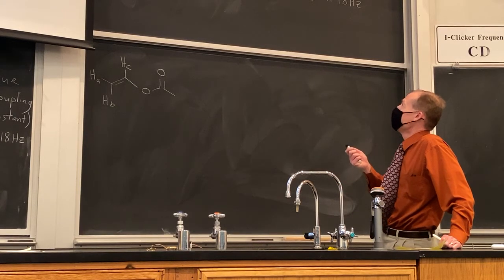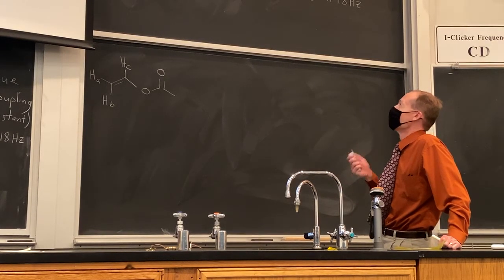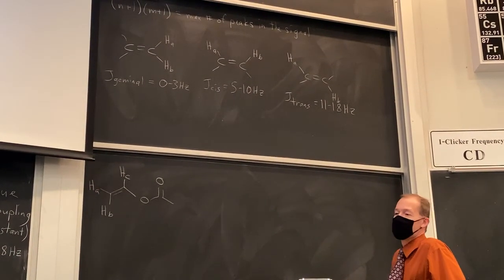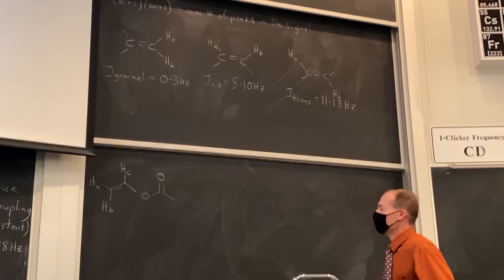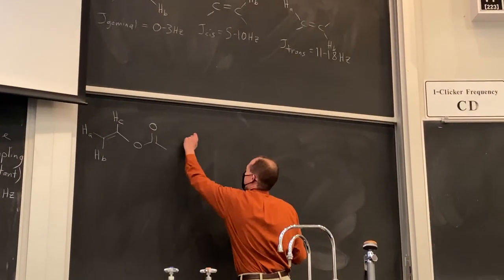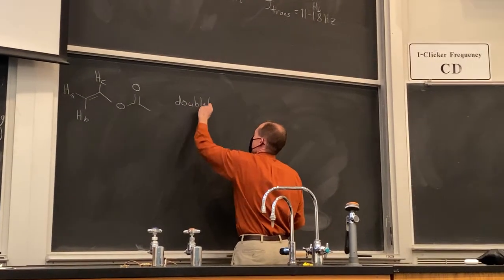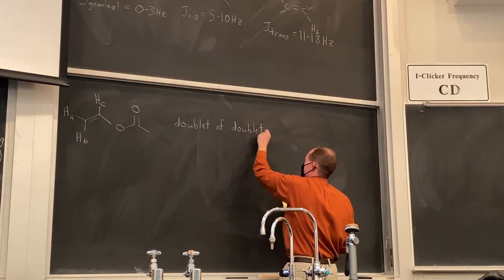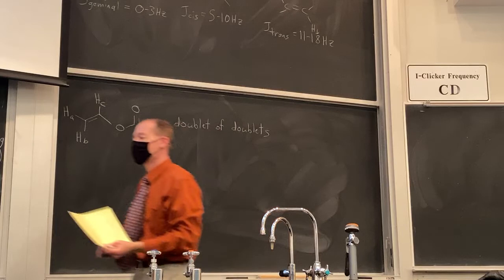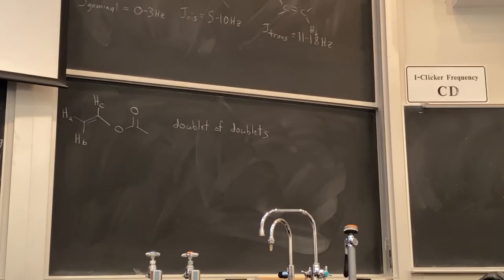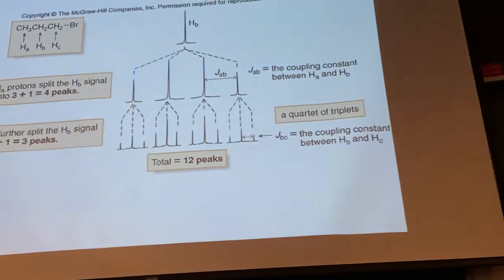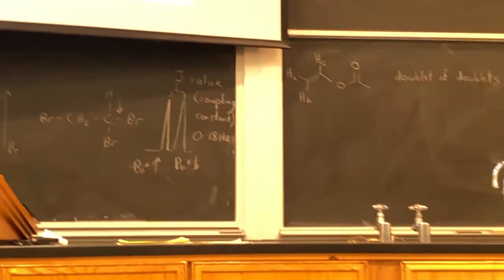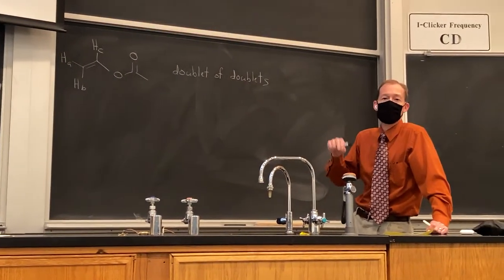So we have to apply the more complicated formula, the n+1 times m+1 formula, to determine that each of these hydrogens is going to have 4 peaks in its signal. And we're going to refer to those peaks as a doublet of doublets. Because if you remember the tree that we created, we will say that B is going to split A into a doublet, and then C is going to split each of those 2 peaks into a doublet.